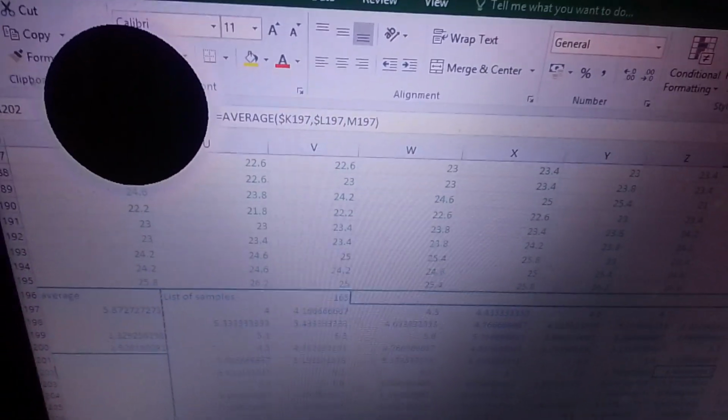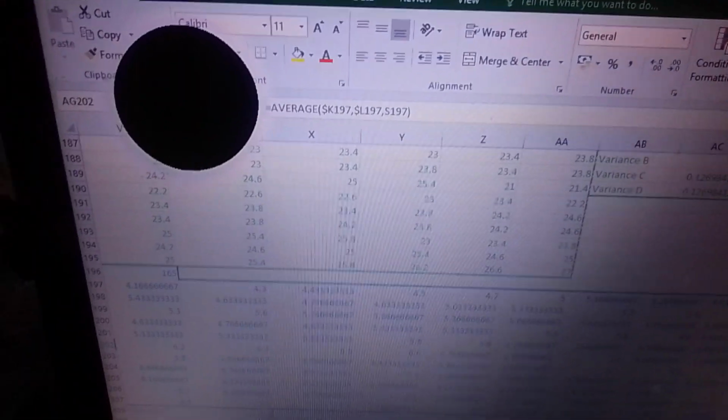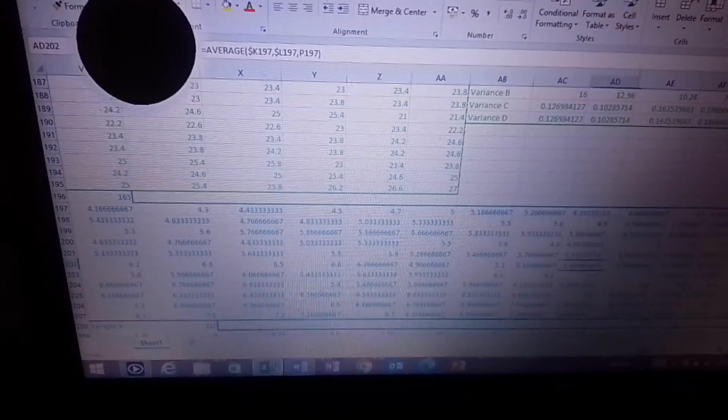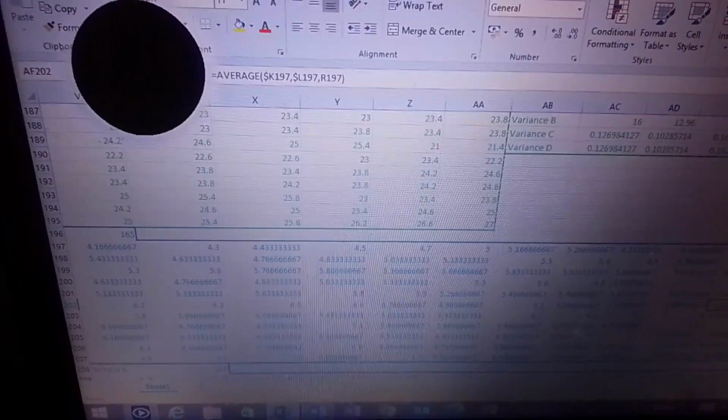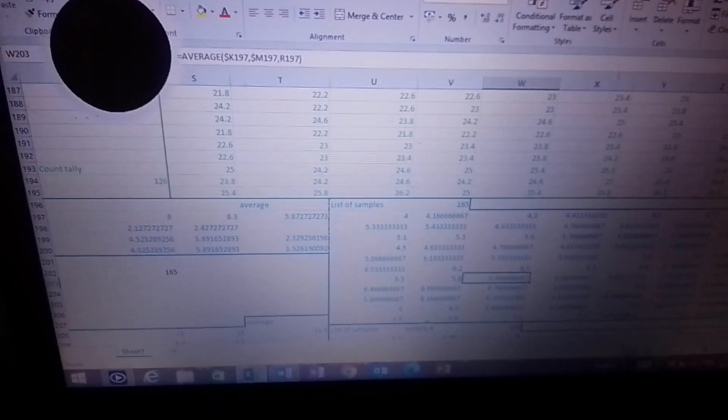So KLM. So KL to Q, there's 7. 1, 2, 3, 4, 5, 6, 7. 6, right? 1, 2, 3, 4, 5, 6. 7, right? Then KM. 1, 2, 3, 4, 5, 6.